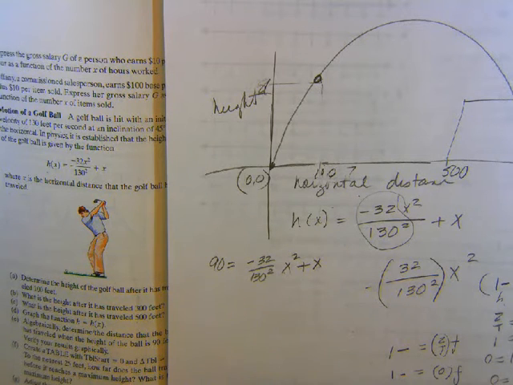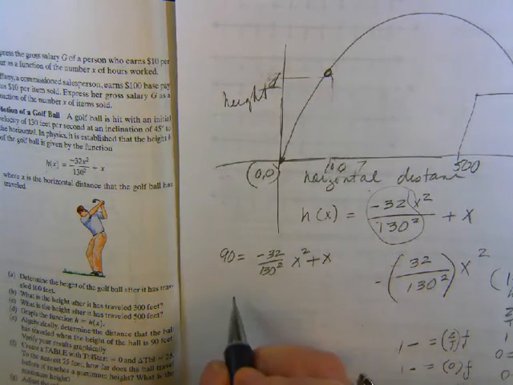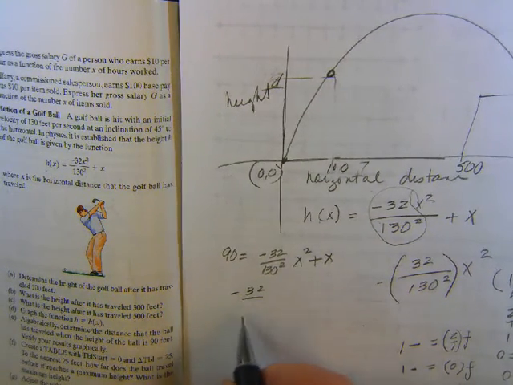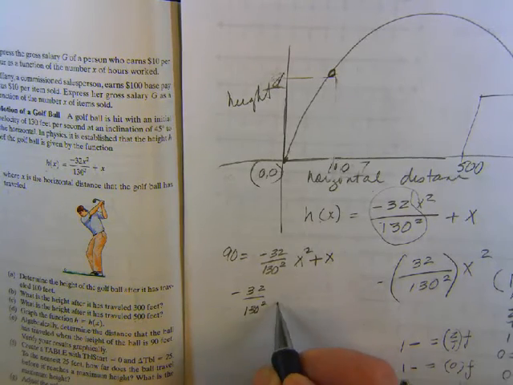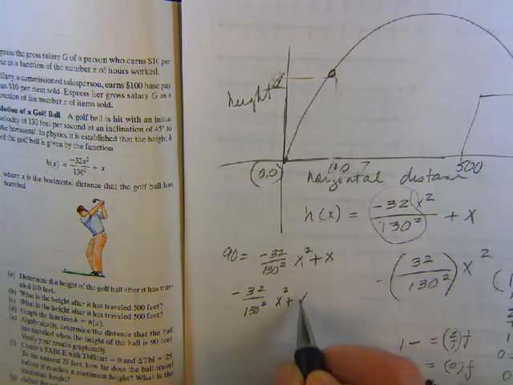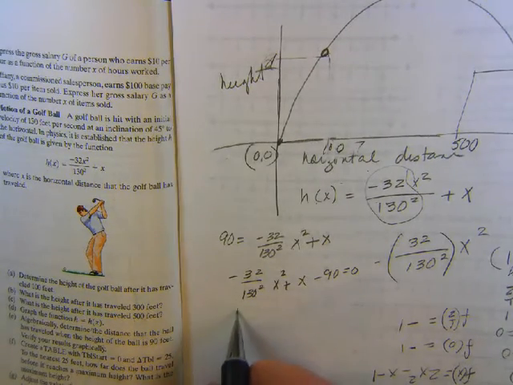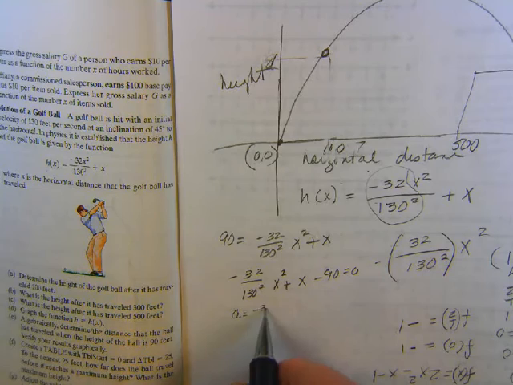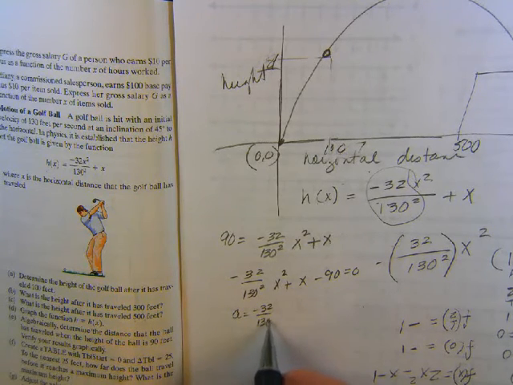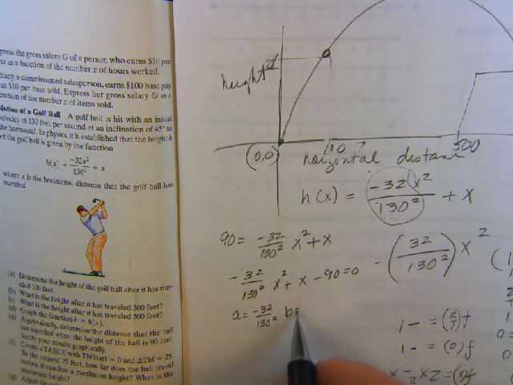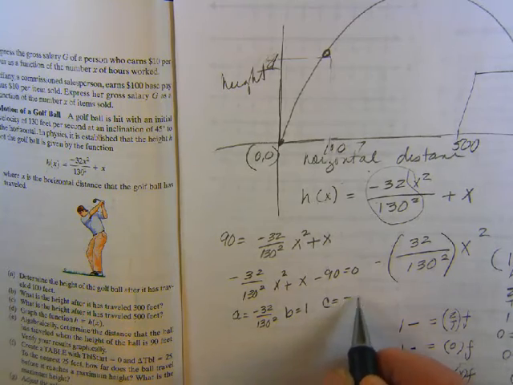Set it equal to 0, so you're going to have negative 32 over 130 squared, x squared, plus x minus 90 equals 0. So A is negative 32 over 130 squared. B is 1 and C is negative 90. You have to put that in your quadratic formula.